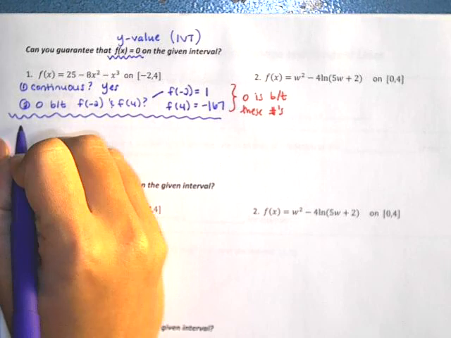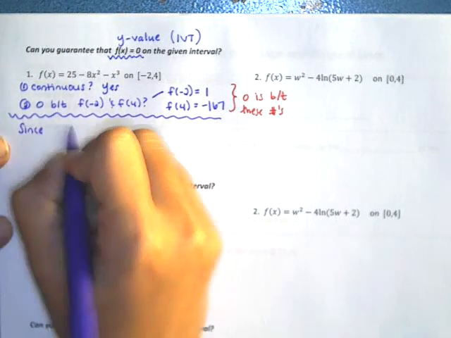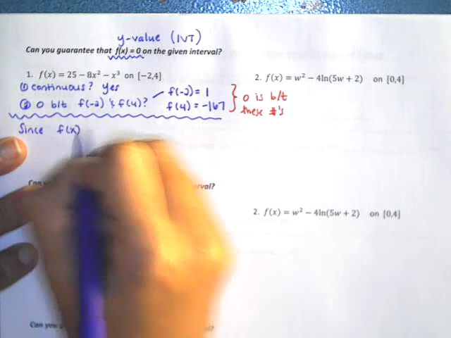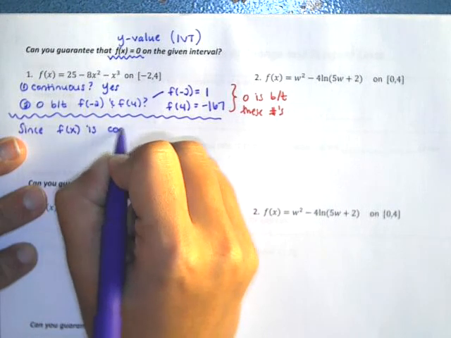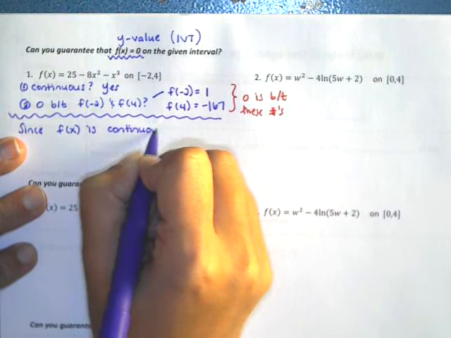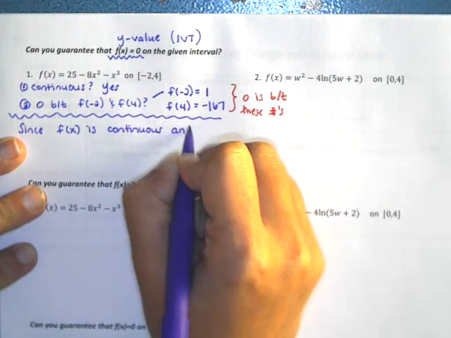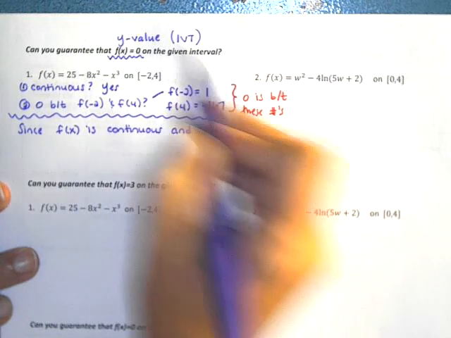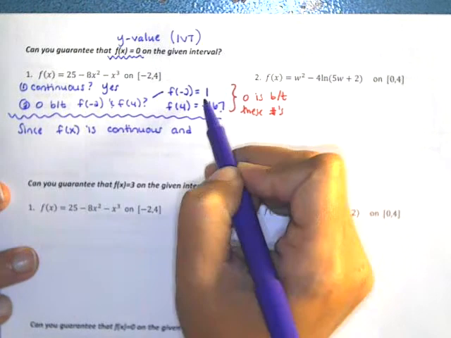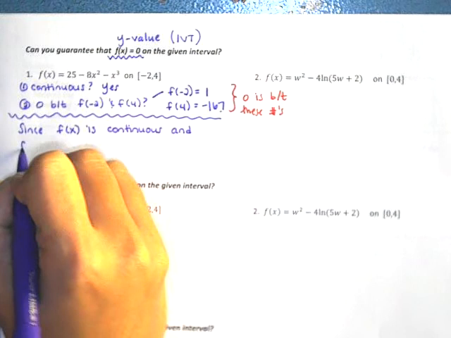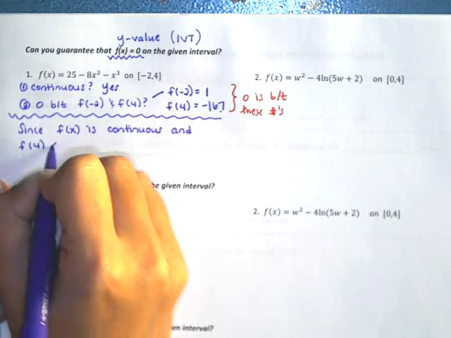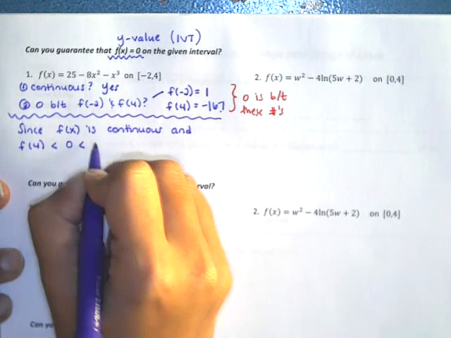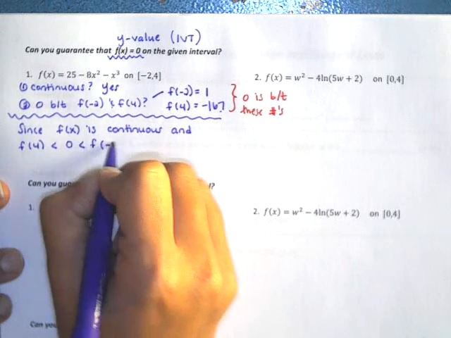You would write, since f of x is continuous, and now one of these numbers, the negative 167, is less than 0, and one of them is bigger. So we would say f of 4 is less than 0, which is less than f of negative 2.